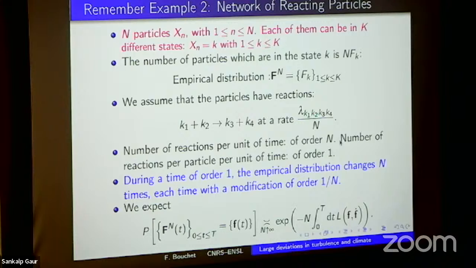And here the rate is just what I call the collision rate. So then I can work out exactly as in this case the probability to have a very rare evolution of my local F, and I get the Lagrangian.